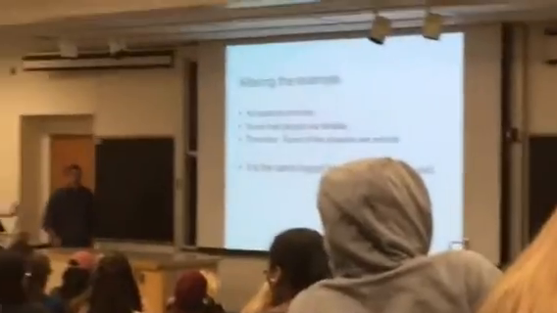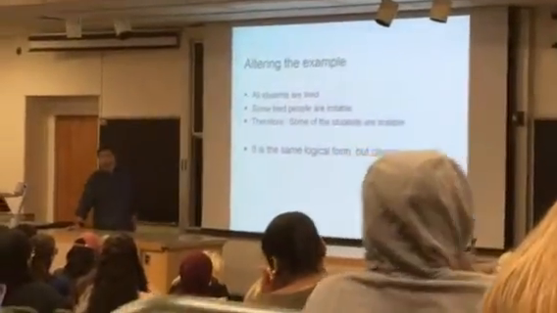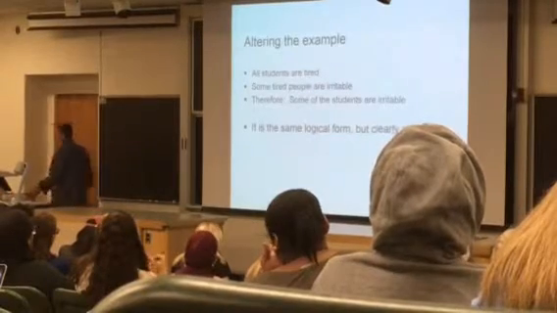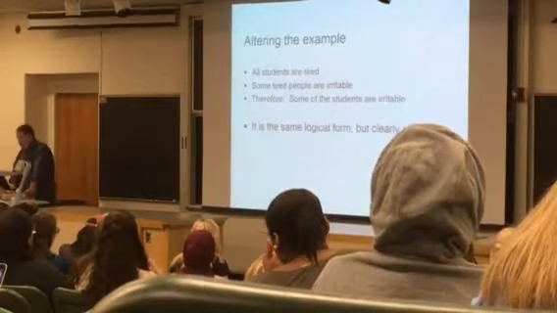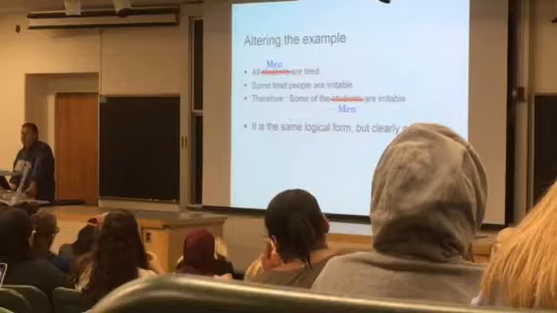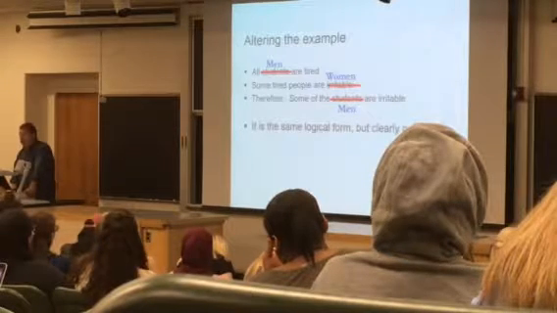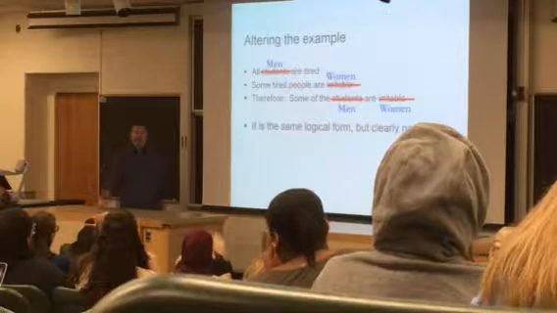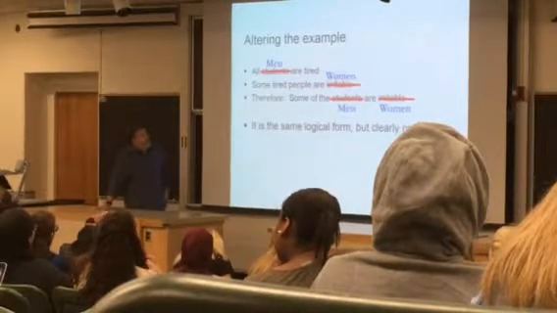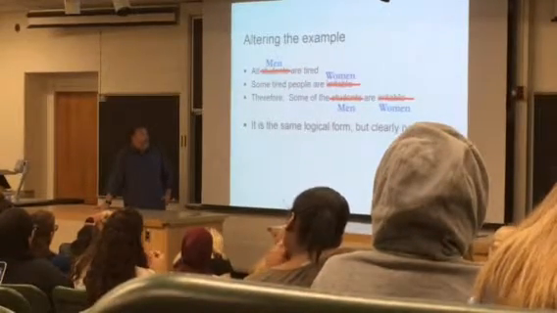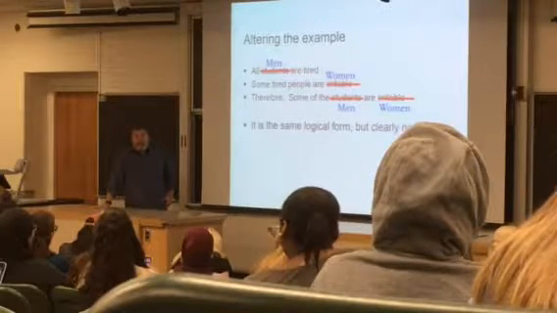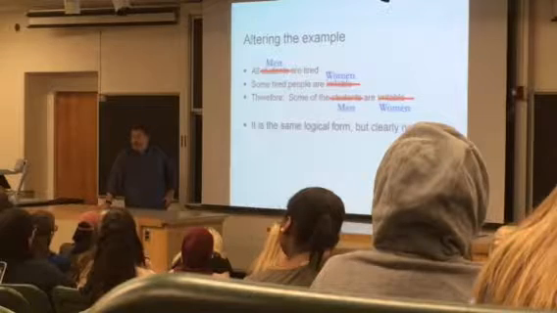So, going back to the statement though, you can also kind of demonstrate this by just swapping out some words. So suppose I swap out students for men and irritable for women, everywhere they appear. Then you'd end up with this, which is all men are tired, some tired people are women, therefore some of the men are women. And that, you should be like, wait, no, what?